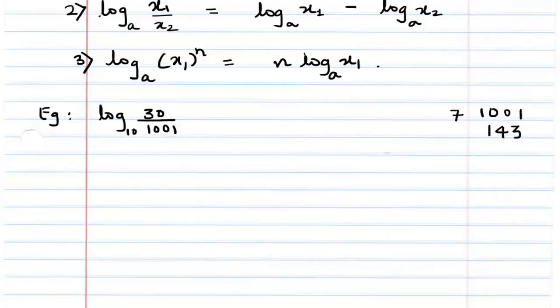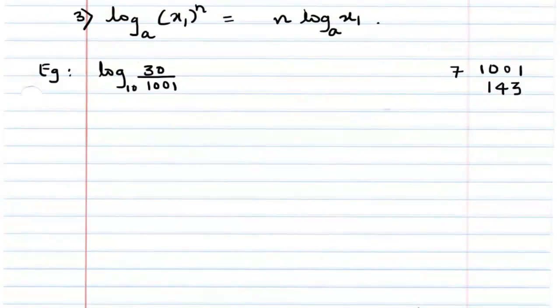Now 143, I think it's a multiple of 11. Yeah, 11. 11 ones are 11, carry over 3. 11 threes are 33. Now 13 divides 13 one times, so 13 ones are 13. So I have factored it out.